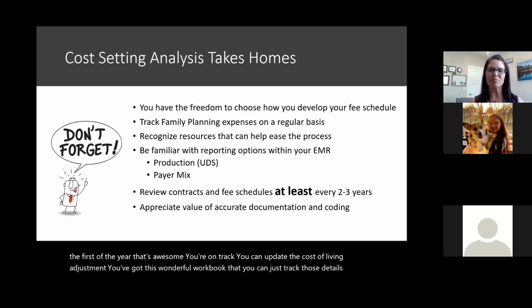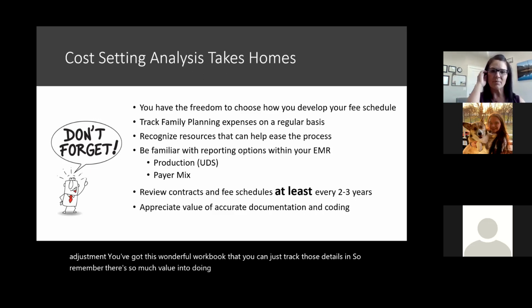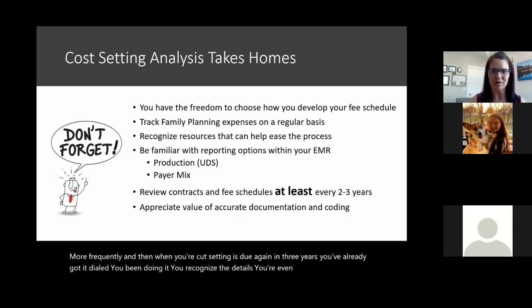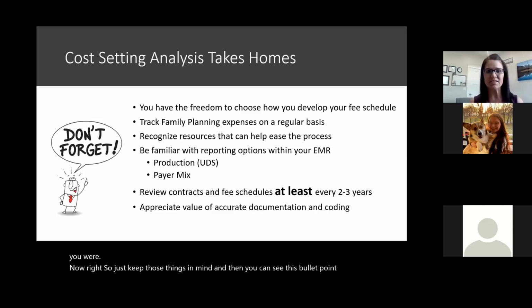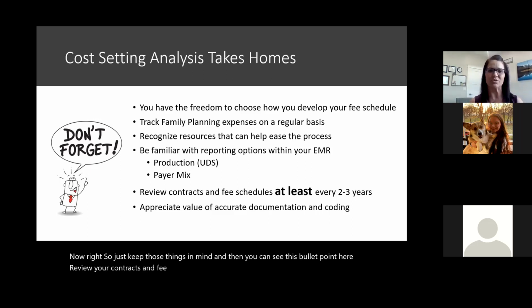So remember, there's so much value in doing it more frequently. And then when your cost setting is due again in 3 years, you've already got it dialed. You've been doing it. You recognize the details. You're even better at it now than you were before, right? So just keep those things in mind. And then you can see this bullet point here: review your contracts and fee schedules at least every 2 to 3 years.